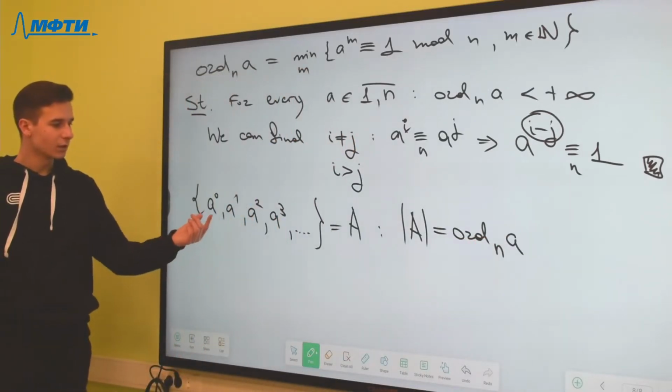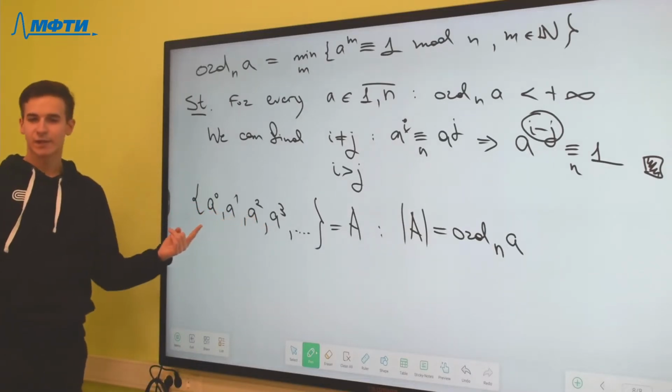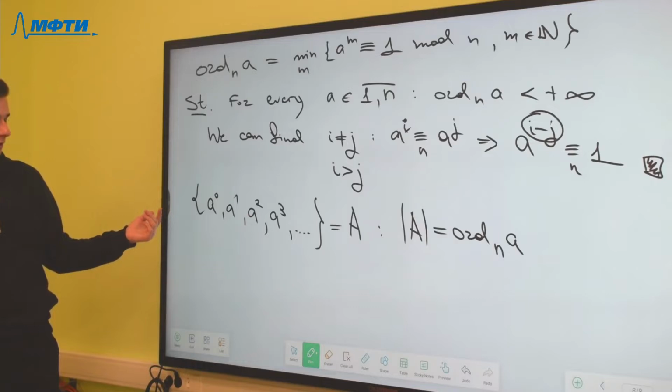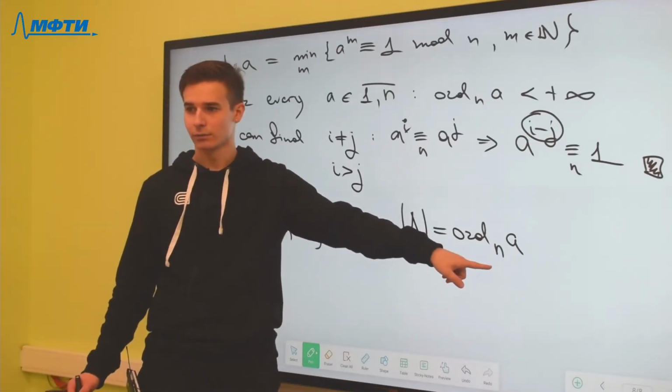Of course, we say that two numbers in this set are equal if the difference is equal to 0 modulo n.